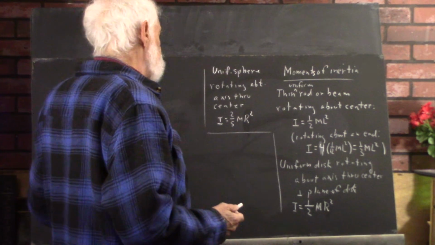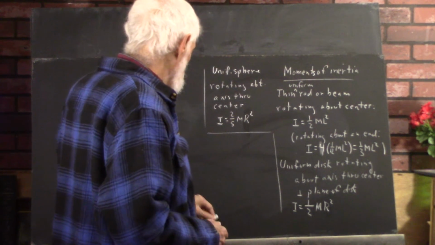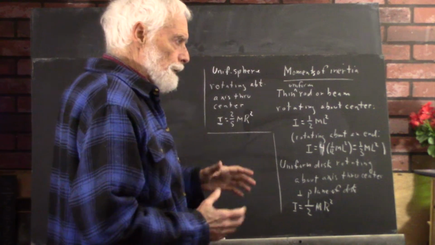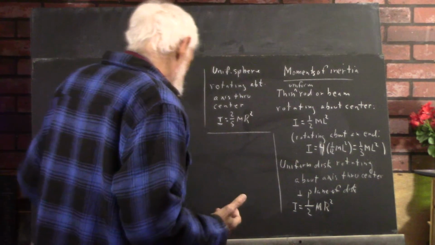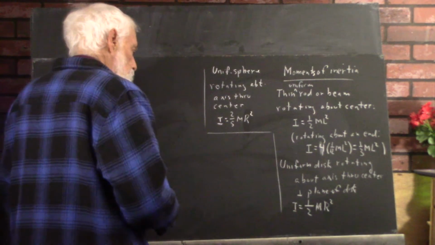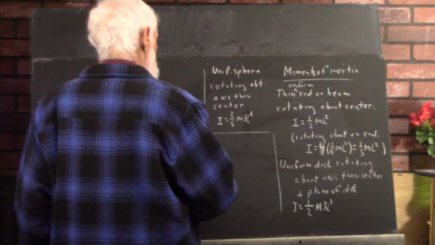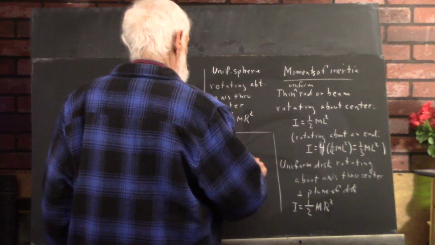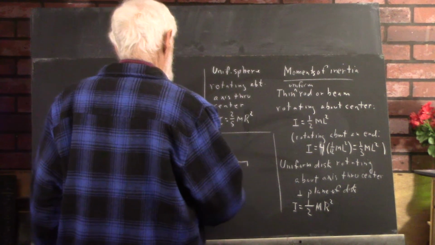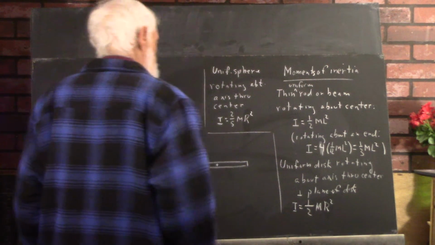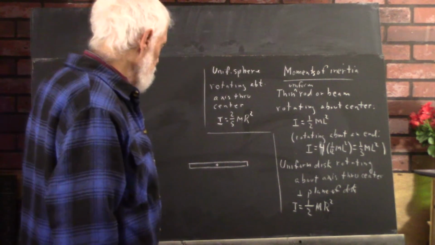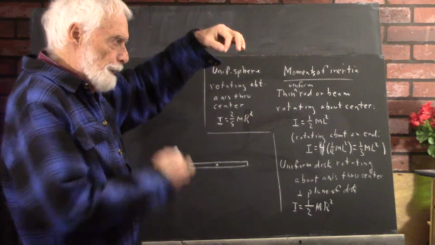Now I want to return to the question of energy and energy exchanges. And also, well, let's just ask the question, okay, you've got this beam, and we're going to have it rotating about an axis through its center, unless we use it as a physical pendulum and suspend it.